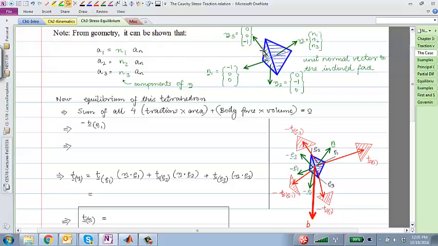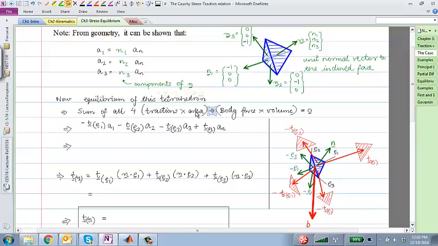So A1 is the area, minus T sub E2 times area A2, minus T sub E3 times area A3, and plus T sub n AN. That's traction times area, traction times area, traction times area, traction times area for the four faces.